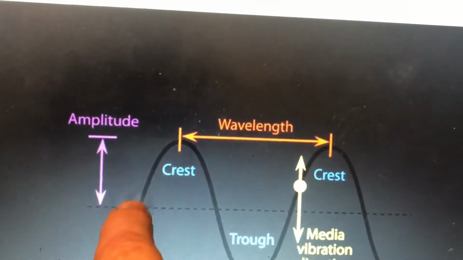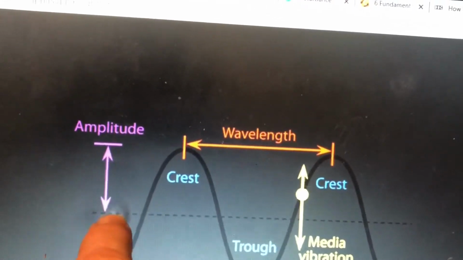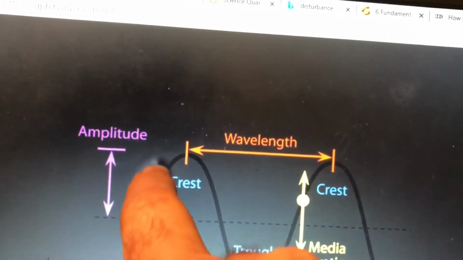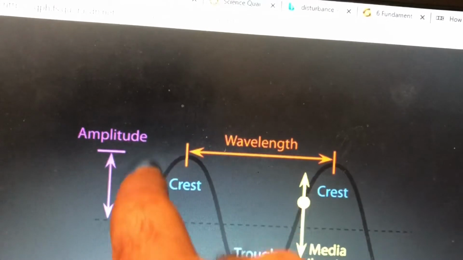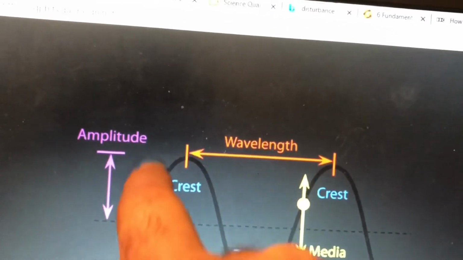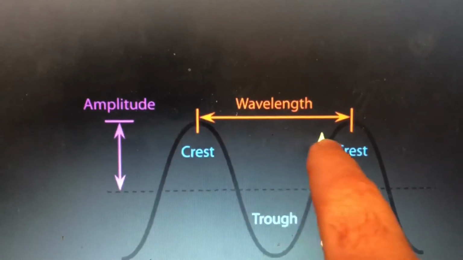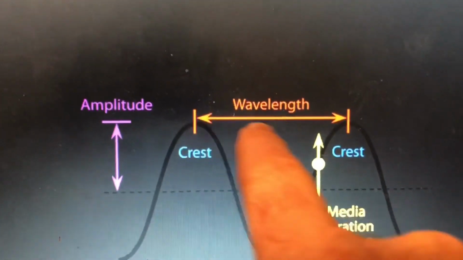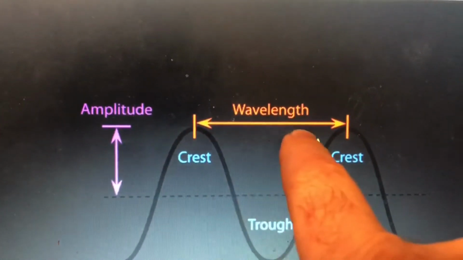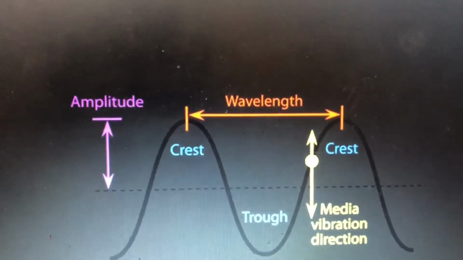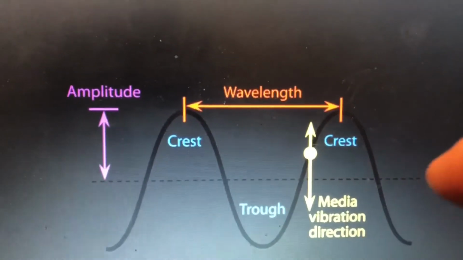So from the peaceful moment to the disruption over here, that's called the amplitude. So we could say how tall that wave is, and the wavelength is from crest to crest, how long that space in between waves is, okay?